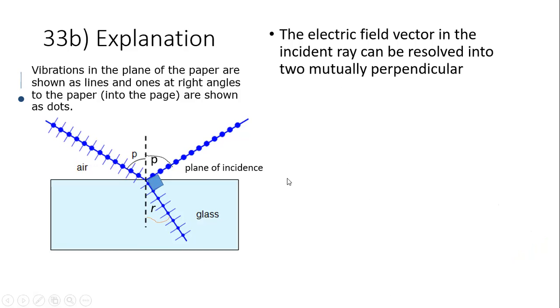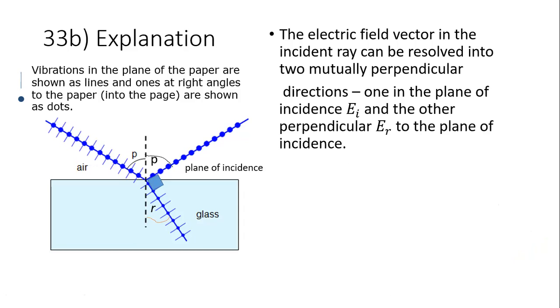The electric field vector in the incident ray can be resolved in two mutually perpendicular directions. One in the plane of incidence, this is the surface of the paper, of the screen. It's called the plane of polarization. Vertical, so this is your EI.